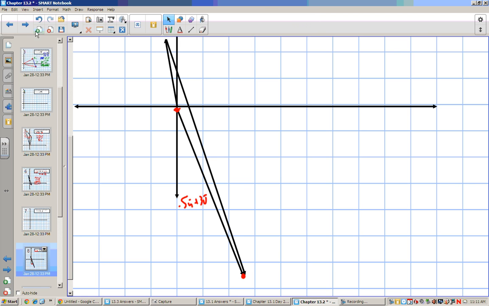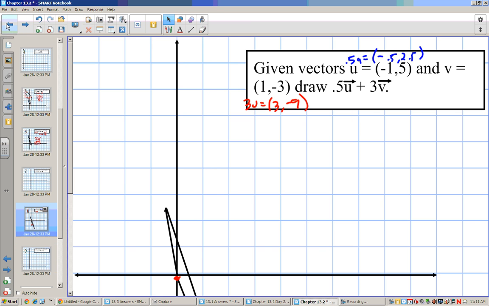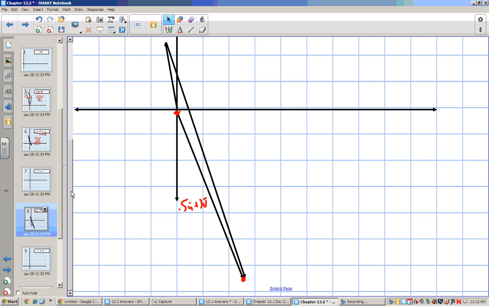Now our next question asks us to find the magnitude of that. Well, if we come back, it looks like we go 2.5 over and 1, 2, 3, 4, 5, 6.5 down. So 2.5 squared plus 6.5 squared is going to be our magnitude squared.